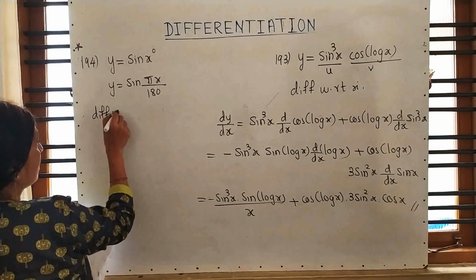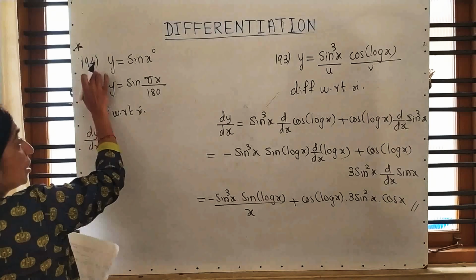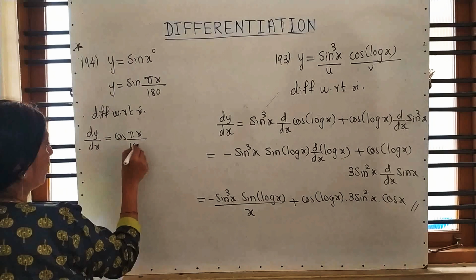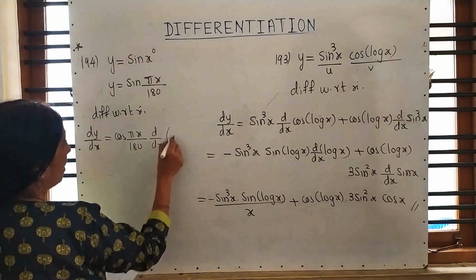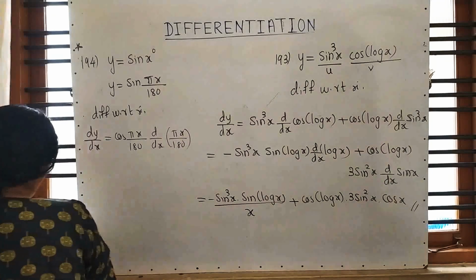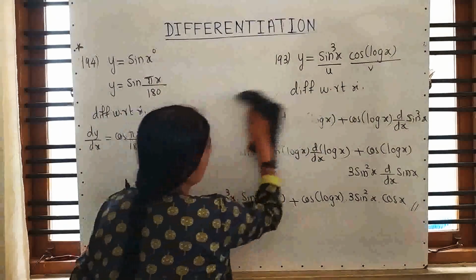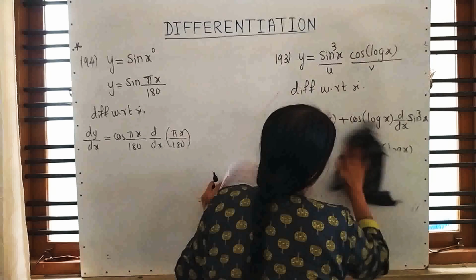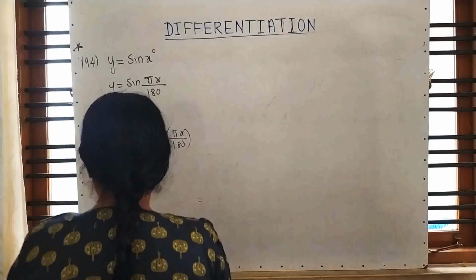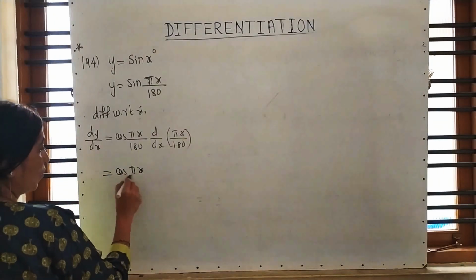Now differentiate this with respect to x. dy upon dx. Remember, especially for competitive, differentiation of sin is cos pi x upon 180, and angle is other than x. So we have to differentiate the angle. There is no power, directly we differentiated the trigonometric term. Next, cos pi x upon 180.